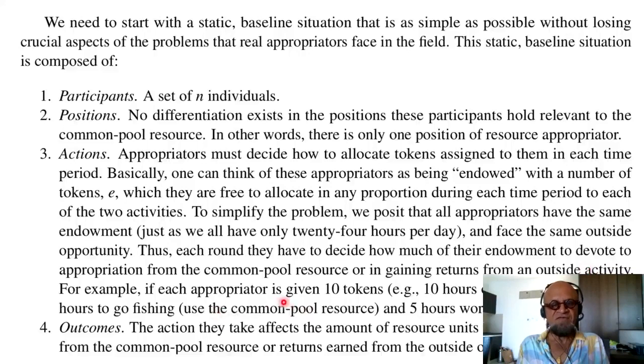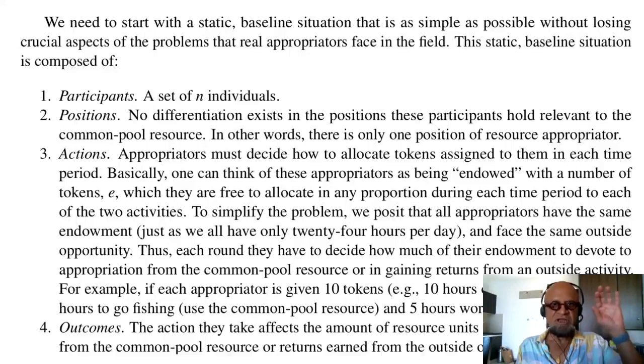For example, if each appropriator is given 10 tokens, for example 10 hours of labor, they can use 5 hours to go fishing, so using the common pool resource, and 5 hours working for a fixed wage. So you have an actual job where you work for 5 hours. Fishing is recreational come harvesting the common pool resource.